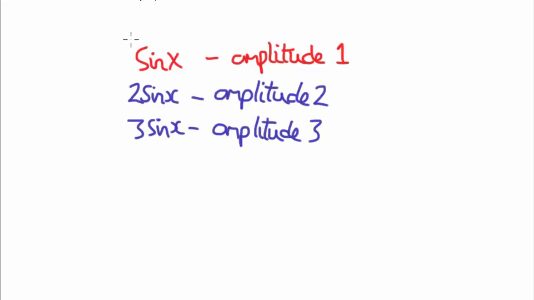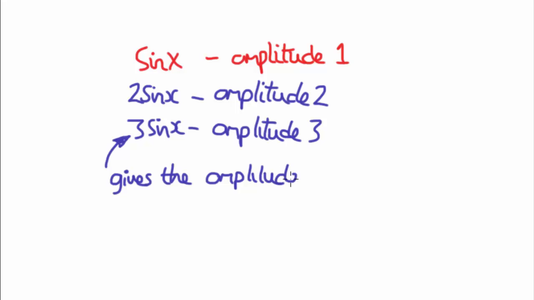So hopefully you'll be able to see from that is the number in front of the sine x basically gives the amplitude. So if it's 4 sine x, amplitude's 4. If it's 2.5 sine x, amplitude is 2.5.